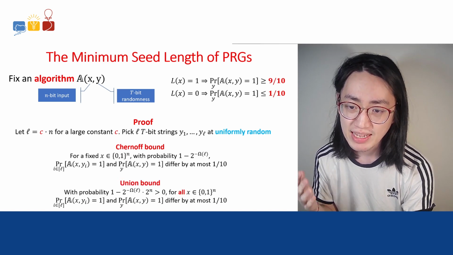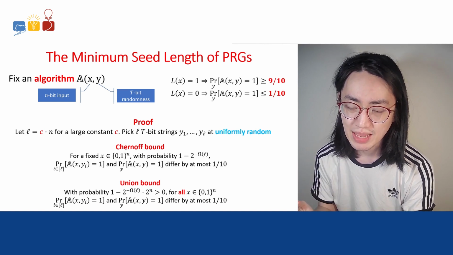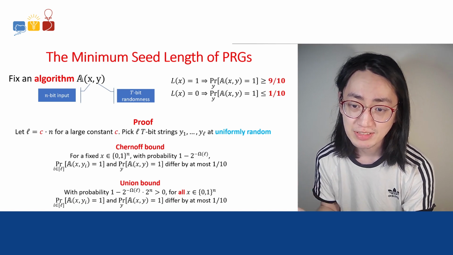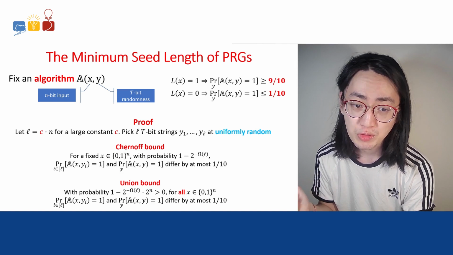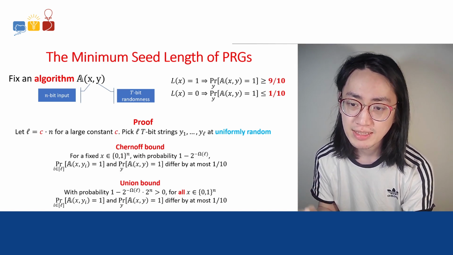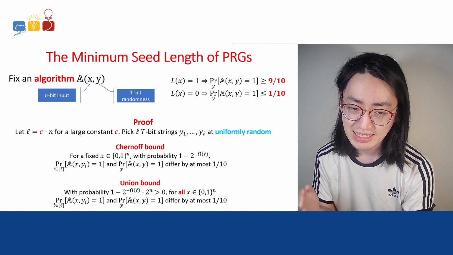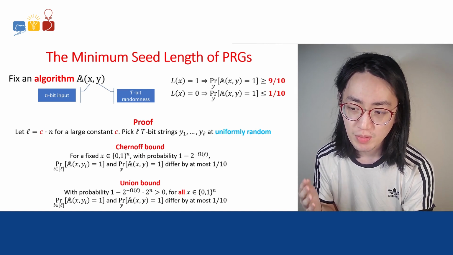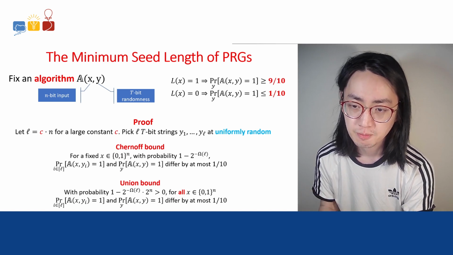Furthermore, by another application of the union bound, and note that L is some big constant times n, we can choose C to be large enough such that 2 to the omega of L is greater than 2 to the n. Then we can show that with probability greater than 0, for all inputs x, the acceptance probability over the uniform distribution and the acceptance probability over all these yi's differ by at most 1/10.